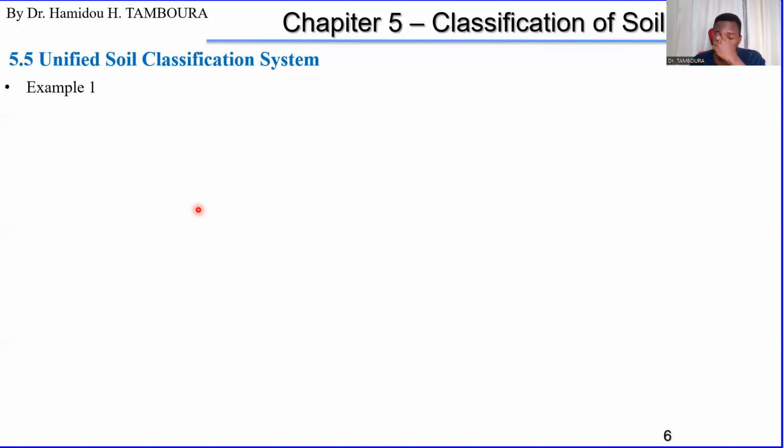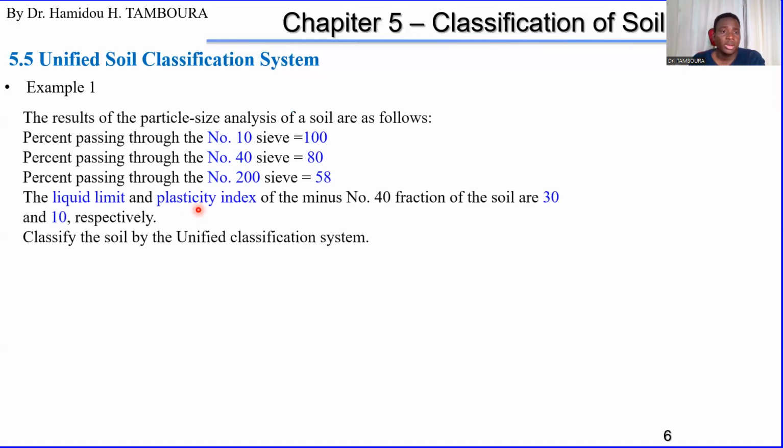So the first example is telling us that this is the result of particle size analysis of soil. The percentage passing through the number 10 sieve is 100%. Sieve number 40, 80%.